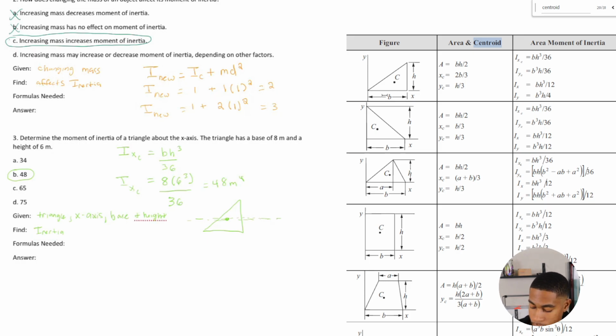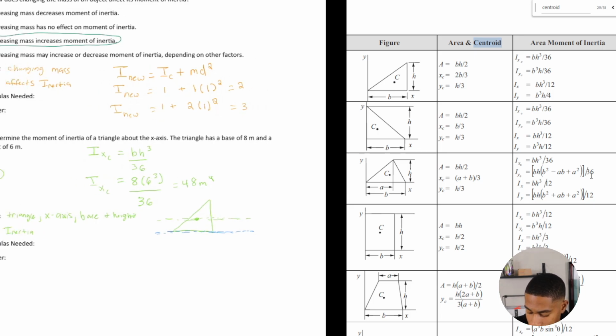That's typical. But in the event that they say take it about this axis, they will make that very clear, because that can be confusing. But from what I've seen, for the most part, yeah, they want you to take it about the centroid's x-axis. So typically we don't use these unless they clearly denote and draw the axis that they're wanting you to use. So just food for thought.